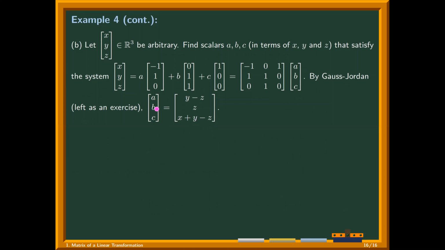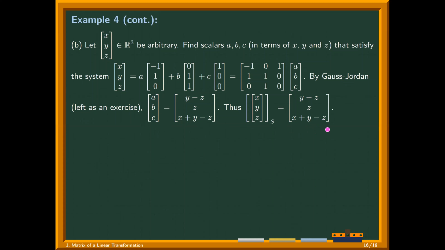Okay, so a, b, c are scalars in terms of x, y, and z. So from this, we obtain the coordinate vector of (x, y, z) with respect to S. So we just plug this into the equation.